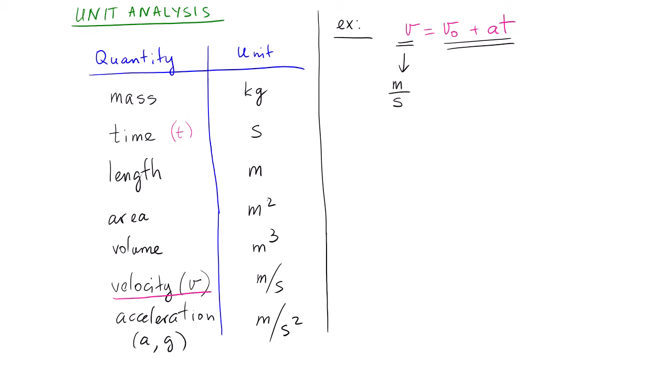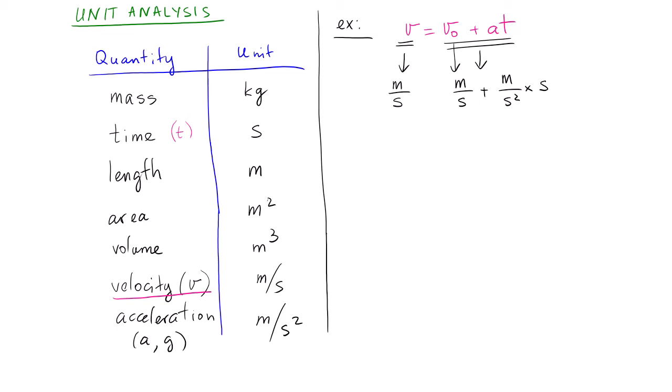On the right side, for the v naught, it's still velocity, meters per second, plus for acceleration, we have meters per second squared, and for time, I'm going to put a cross and then the second.